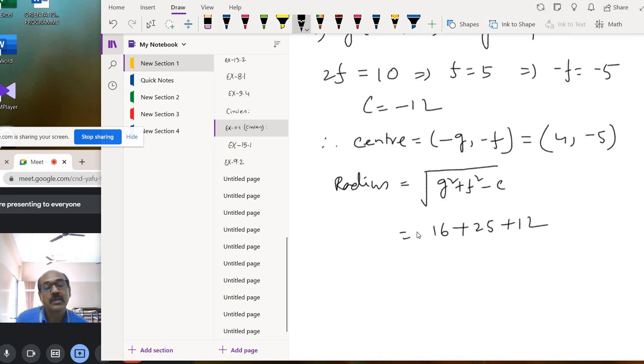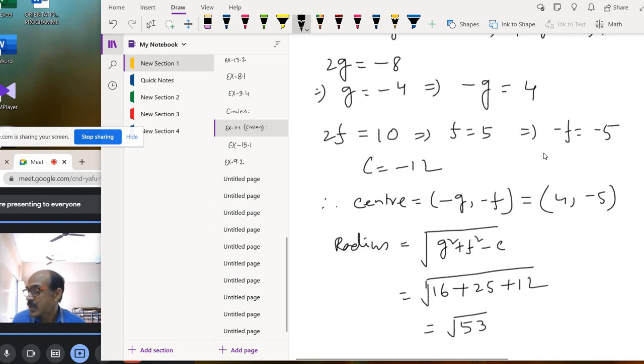So it will be under root 53. So radius is under root 53 and center is 4 comma minus 5.